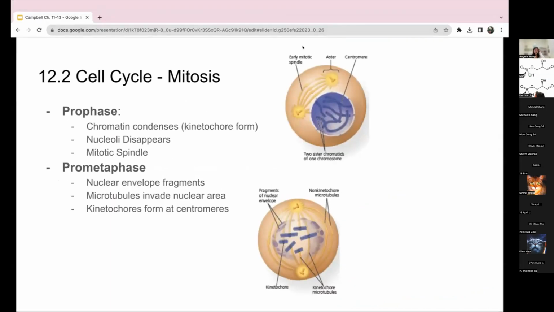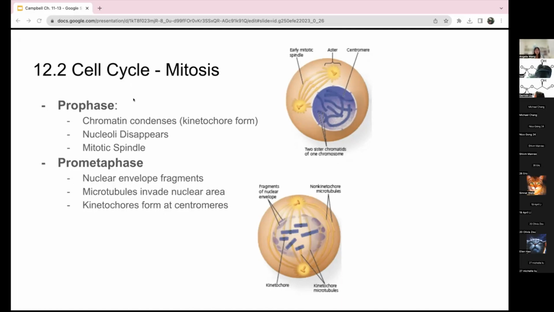Mitosis also has its own subphases. The first phase is prophase. During this phase, the chromatin, which usually you can't see under the microscope, will condense and become visible under a microscope. These become arranged in sister chromatids, and then those become arranged in chromosomes.